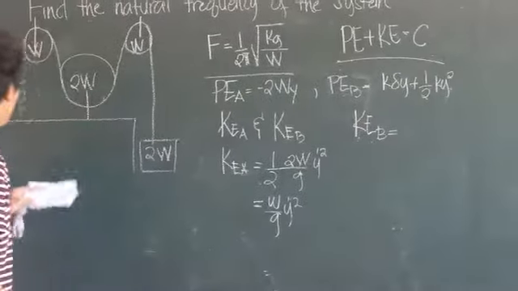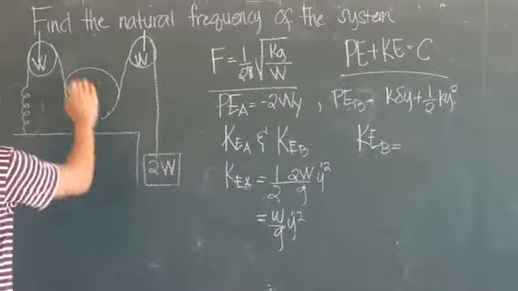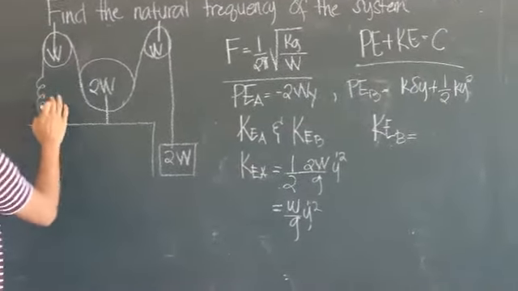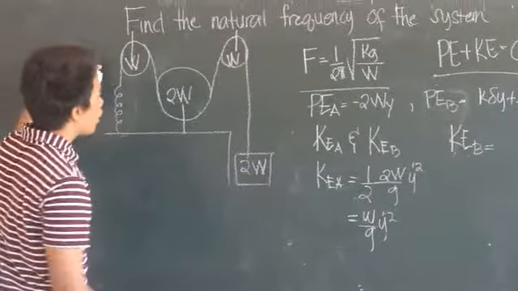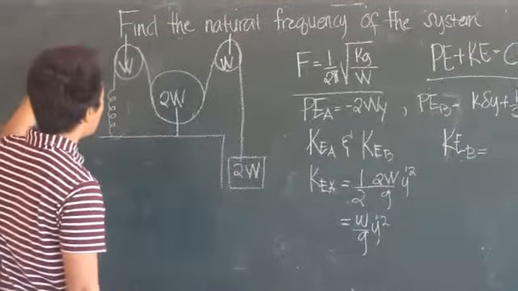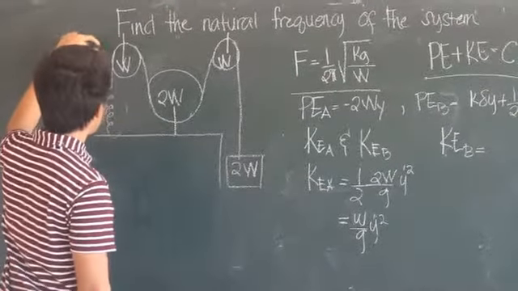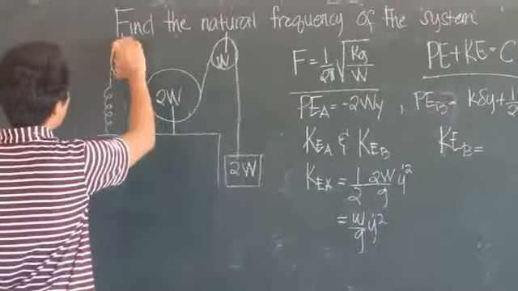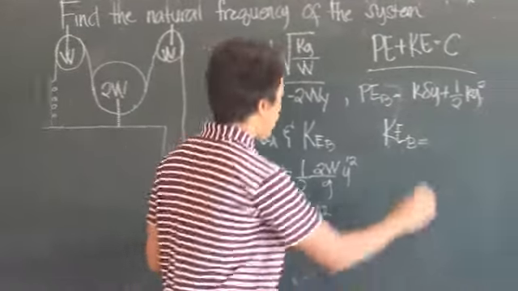So for KEB, it is the energy of rotation of the pulley. So as you can see, when the spring stretches, the cable moves and it gives a sort of rotation to the pulley. So that is the KEB.